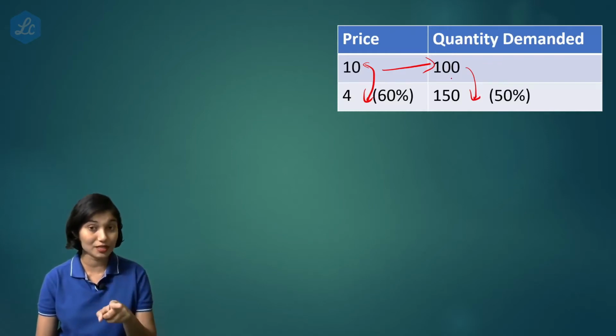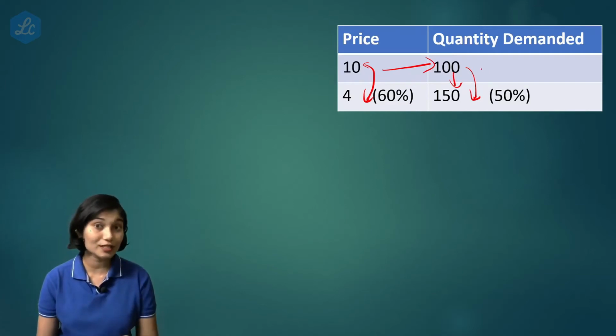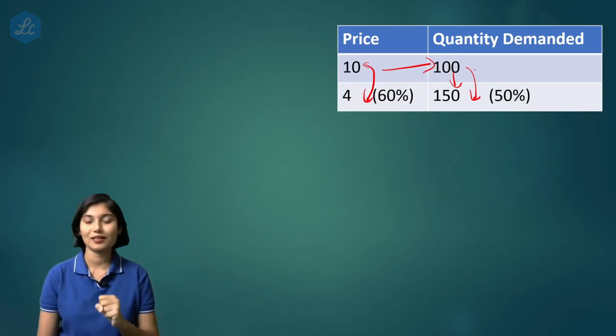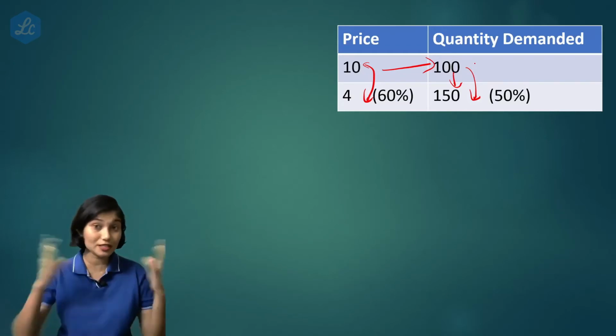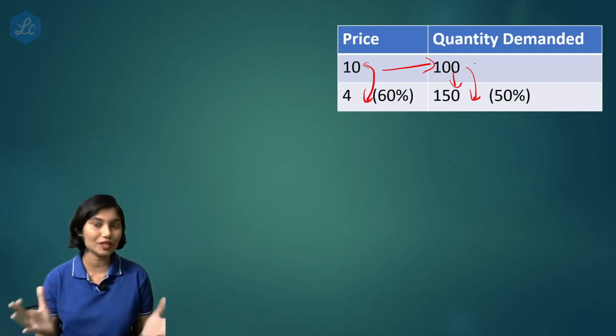But what has happened here? A 60% fall in the price leading to only a 50% increase, 100 to 150 is 50%, right? Your change in price was considerable, but your change in quantity demanded was not that much, right?